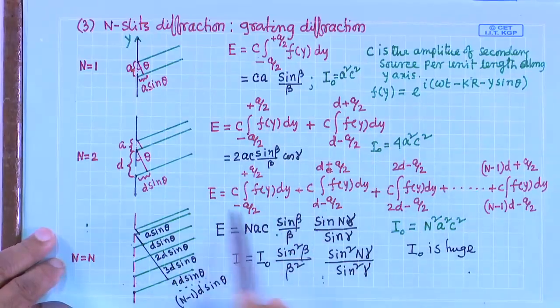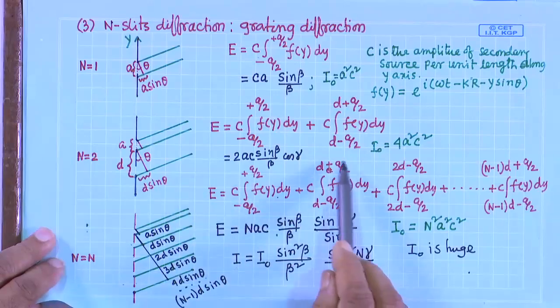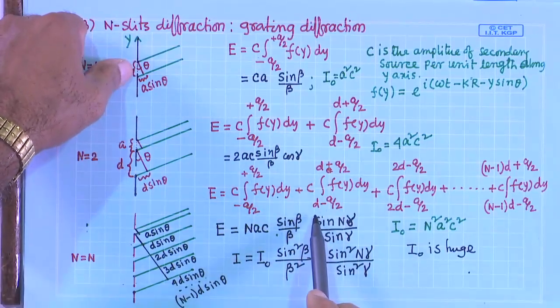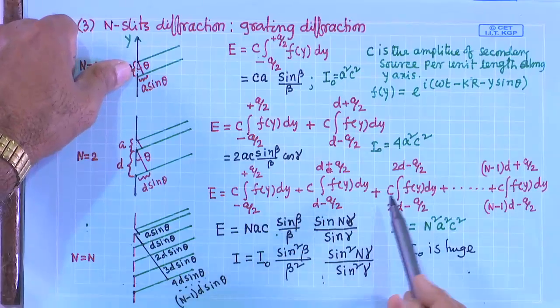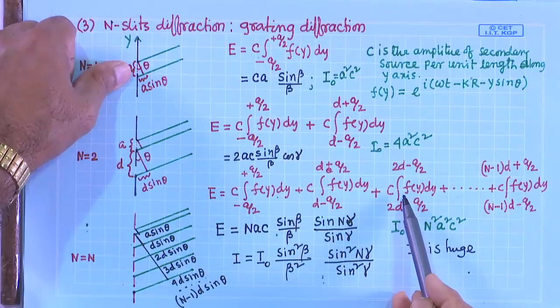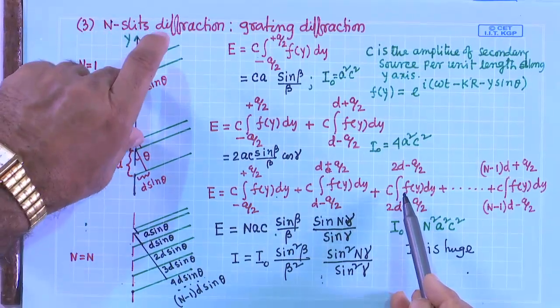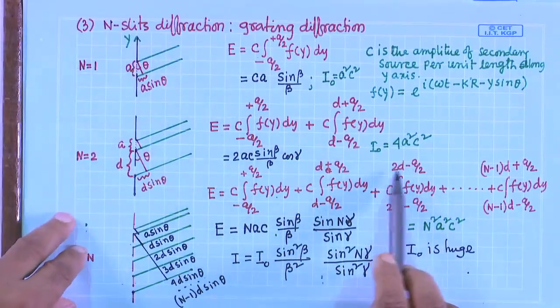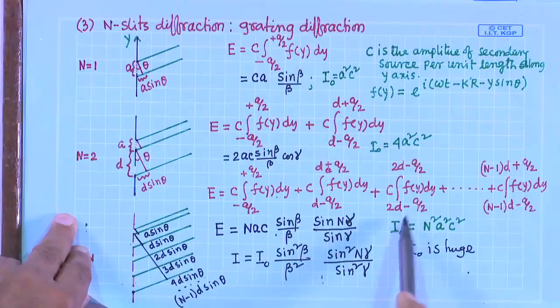Similarly, for n slits we proceed from the single slit, and then this is for the second slit, d plus a by 2 or d minus a by 2. Then for the third slit, the distance is 2d, plus or minus a by 2, so 2d minus a by 2, plus a by 2.